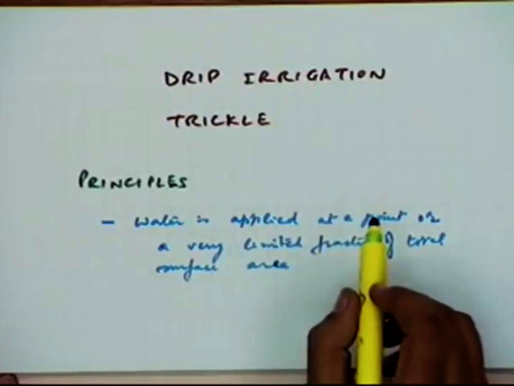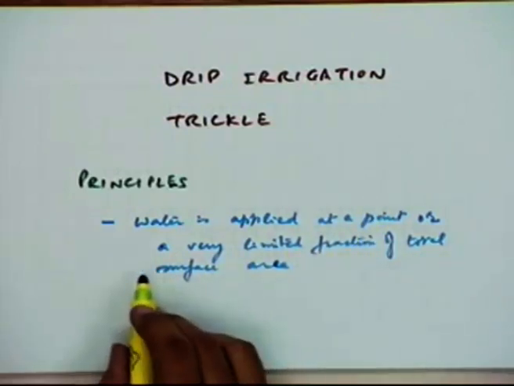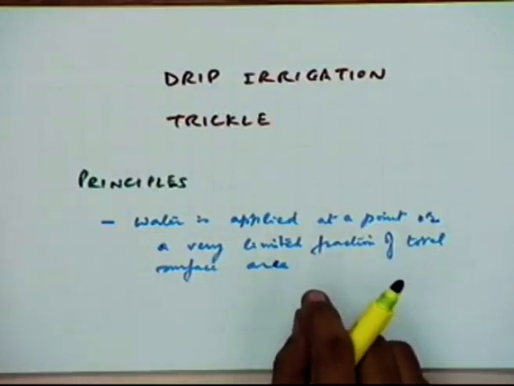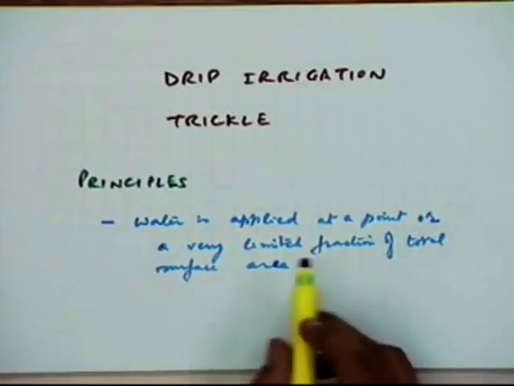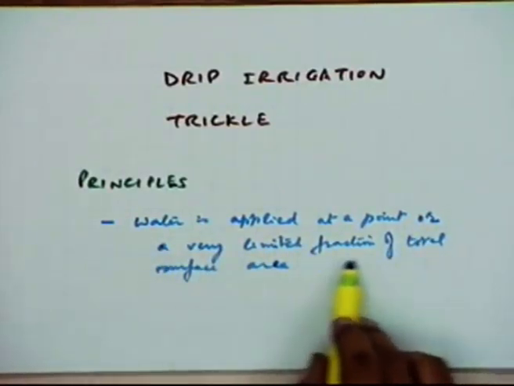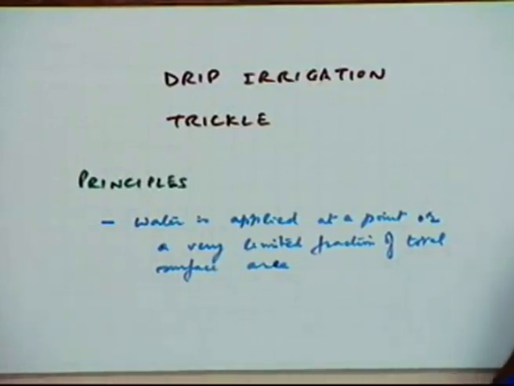We will come to that subsequently when we look at the various types of application devices which are used for the drip irrigation system. But in general it is either the point or a very limited fraction of the total area. You're not wetting the total area, which you are doing in all the other irrigation systems, the conventional surface irrigation systems.